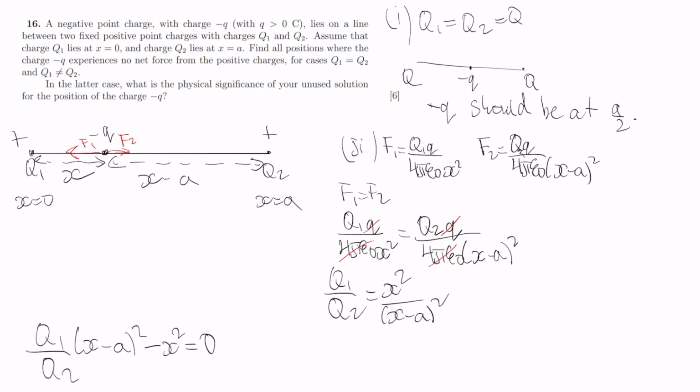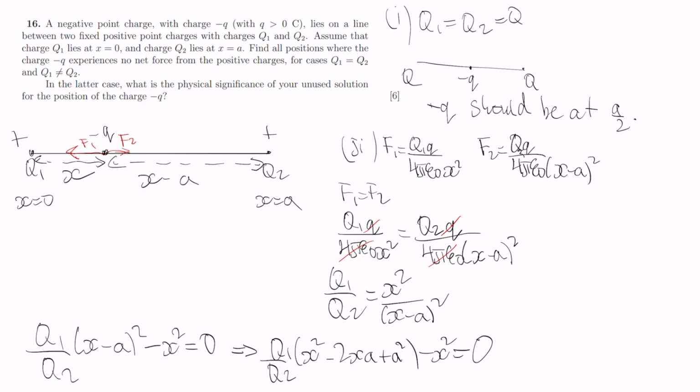Okay, so we have x minus a squared take away x squared, so we can do a little bit of simplification. We can say that Q1 over Q2, let's factorize this out. What are we going to get? x squared minus 2xa plus a squared, if I remember correctly. The formula, yeah, that should be fine. And then take away x squared, and that is going to be equal to 0.